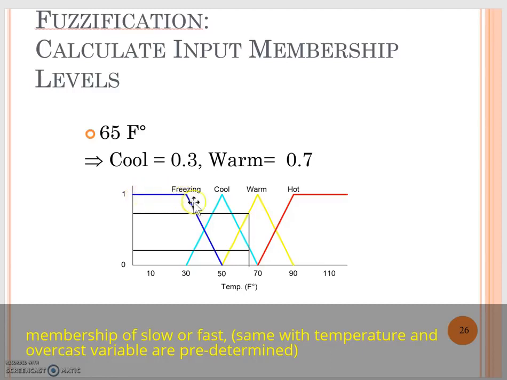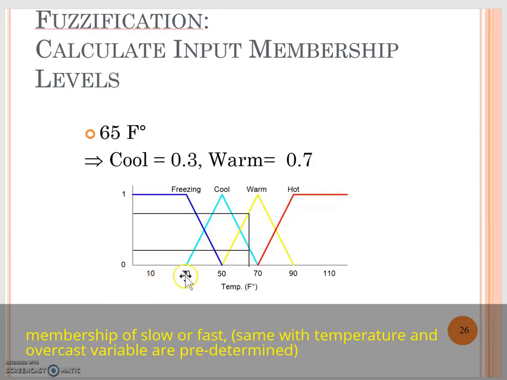We have freezing, which is from 0 degrees Fahrenheit until 50 degrees Fahrenheit, but it's 100% freezing from 0 until 37, that is 0 degrees Celsius. That means the water is frozen at 0 degrees Celsius. So using Fahrenheit, it's lower.